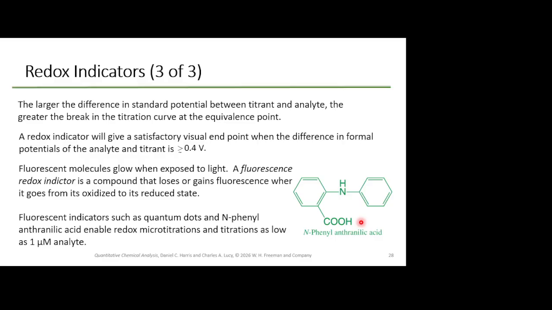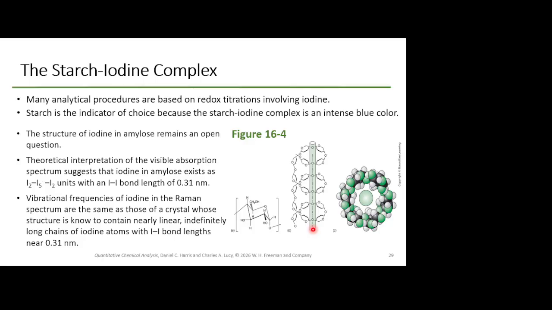They're very nice for a multitude of reasons, heavily used in biochemistry. Some of the fluorescent indicators are things like quantum dots, which you can actually make fairly easily. N-phenylanthranilic acid can enable redox titrations of analytes as low as 1 micromolar. Keep in mind, micromolar, 1/1,000th of a millimolar-scale concentration, is really, really small for something you could do a titration for.